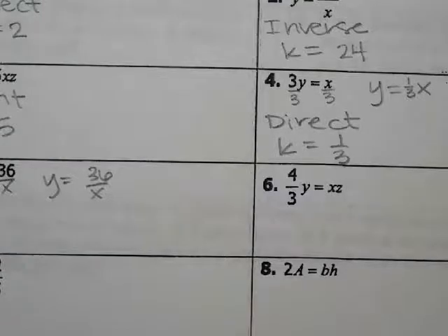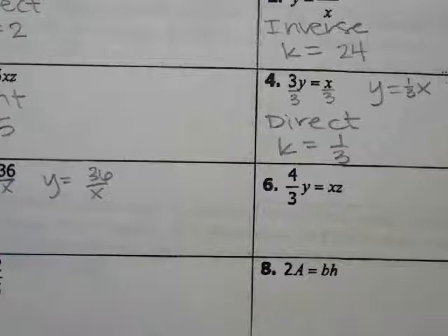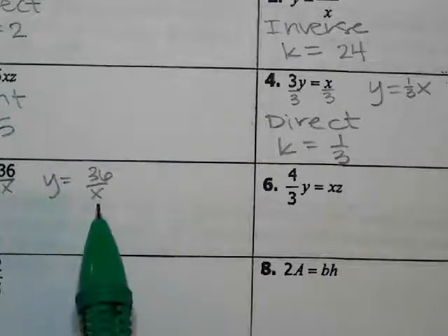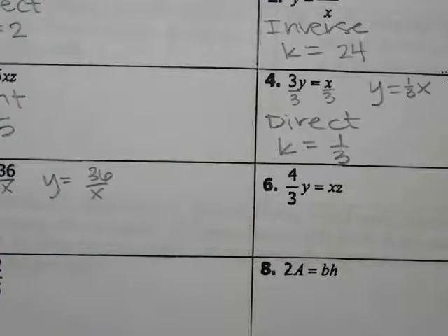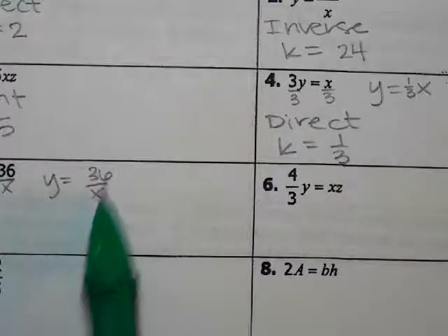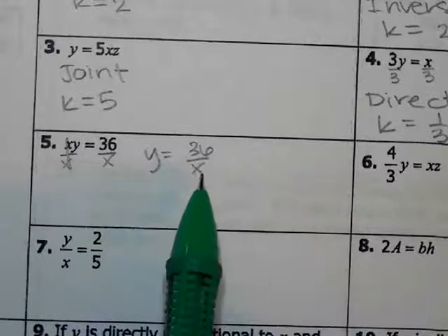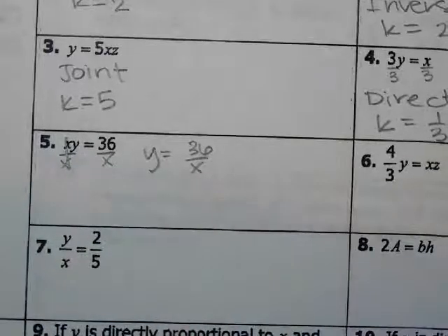Here, the 36 is being divided by x, so the number is what's being divided instead of the x being divided, which is why it's not a coefficient. It's not telling you how many x's you have. So over here, it was telling you how many x's you have. Over here, it's not. That's what's different about the problem. Okay, so we have 36 divided by x. Is that direct, joint, or inverse?